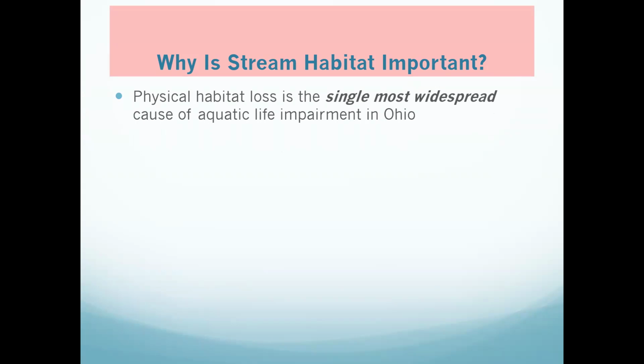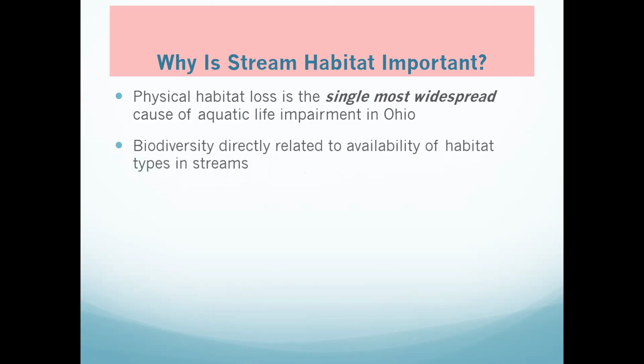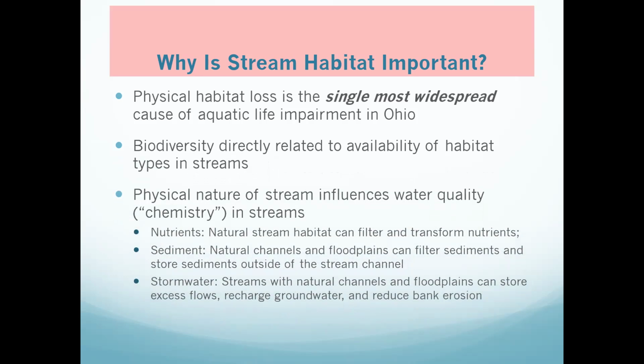This also influences the chemical nature of our streams, the way that nutrients or sediments are transferred, and the volume of flow, etc. So biodiversity directly relates to this availability. And the physical nature of streams influences the water quality.